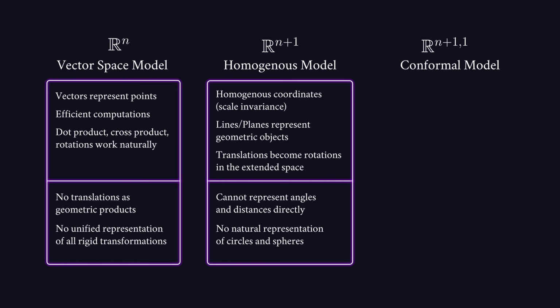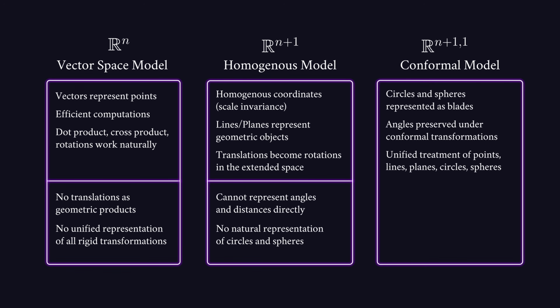And then in the conformal model, if you even add one further dimension, which is also negative, it's just some outlook here, then we can represent circles and spheres as blades. Angles are preserved under conformal transformations, and we have a framework that unifies the treatment of points, lines, planes, circles, and spheres. So this is a really beautiful model that allows us to treat those elements just like elements of our algebra, and we don't have to distinguish between them in our computations.